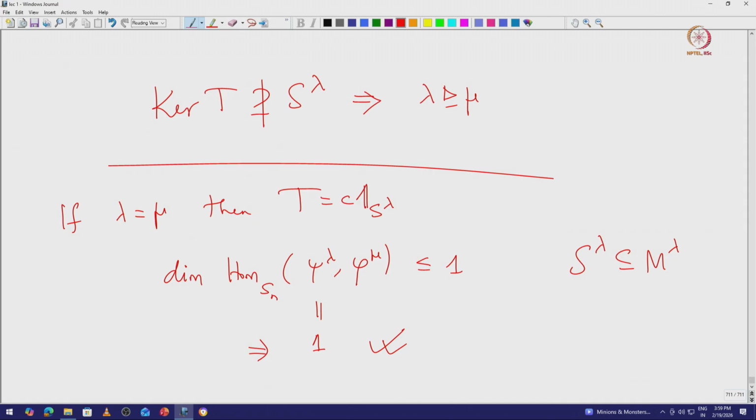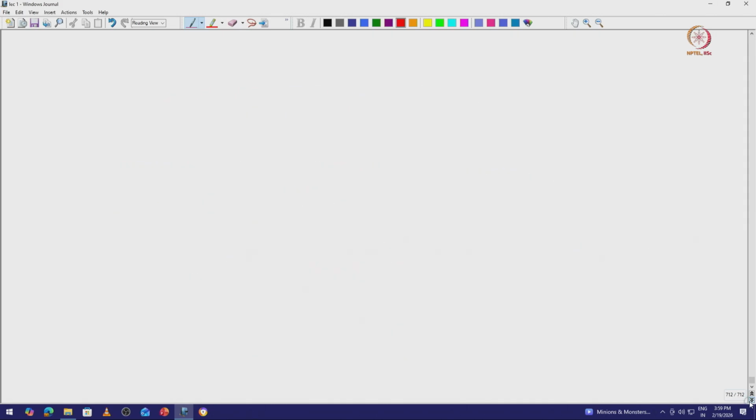and that proves that the multiplicity of S^λ in M^λ is exactly equal to 1. So, now let us use this and prove that these Specht representations form a complete set of inequivalent irreducible representations of Sn. So, let me state this as a theorem.